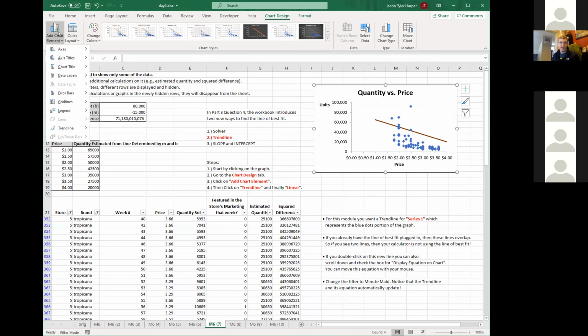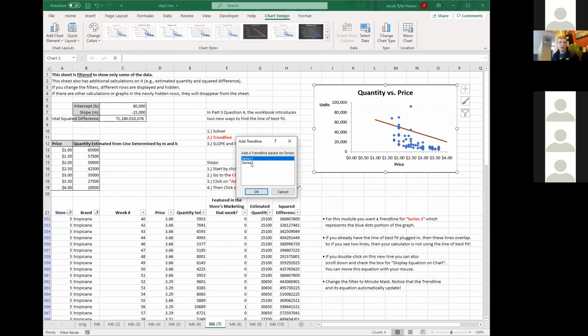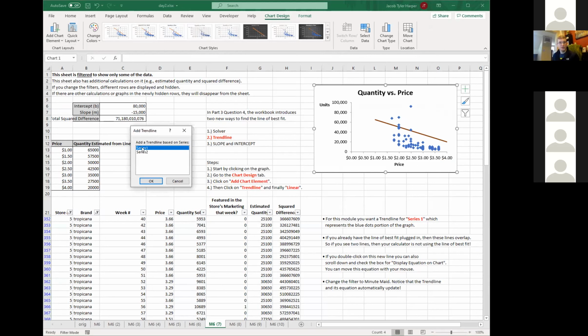We're going to click that and scroll down to trend line. And specifically, we want a linear trend line because we want a line, not a parabola or something. And then it asks, okay, well, which set of data do you want to do this for? We want to do it for series 1 because series 1 represents these blue dots. After I hit OK, it's going to add a second line to our graph.